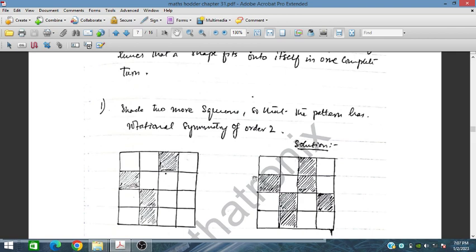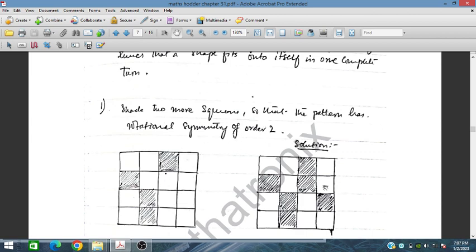Once it rotates 180 degrees, it will be the same. This point will be here and this will be here, and after that this. So this is order 2 rotational symmetry, because this was missing, so we have created it, and this will give rotational symmetry of order 2.